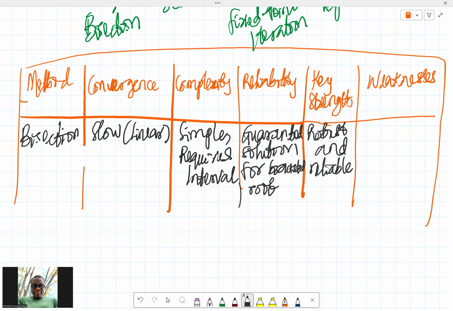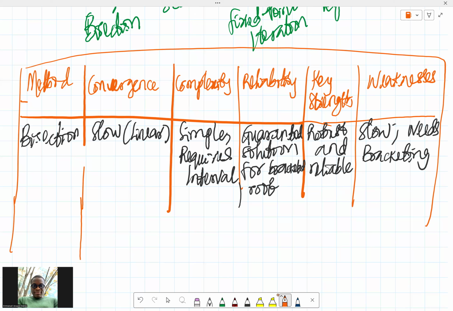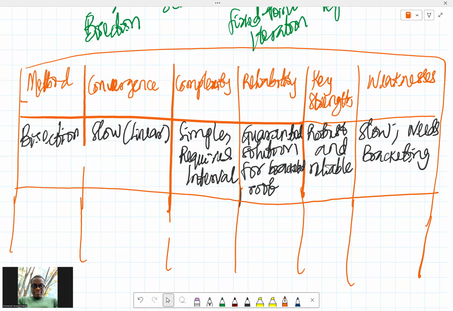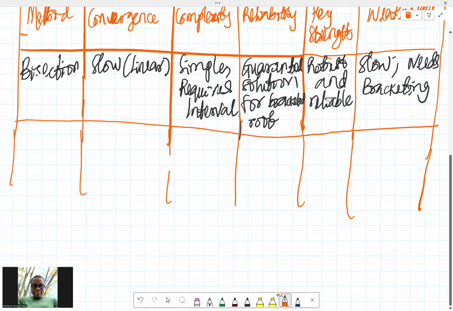The weakness is that it is slow and it needs bracketing, so you first have to be sure there's an interval within which the solution is contained. That is it for the bisection method. If you have an interval, you may want to consider using bisection.